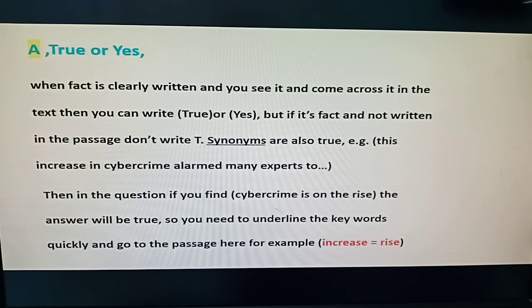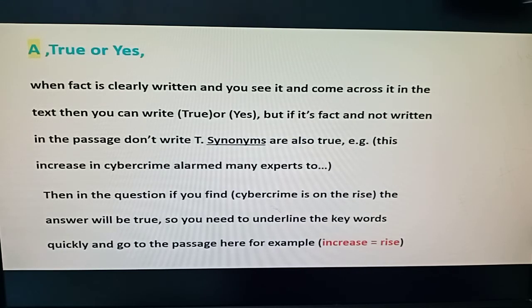Okay? But if it is a fact and not written in the passage, don't write true or T. For example, if in the question they mention the sun rises from the east, then it's true, but in the passage you find that the sun rises from the west.